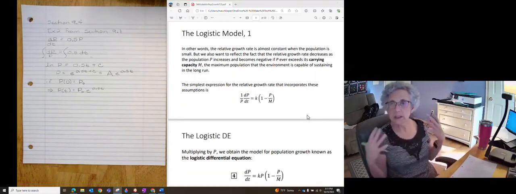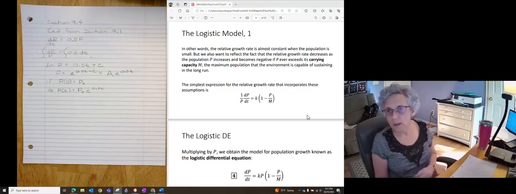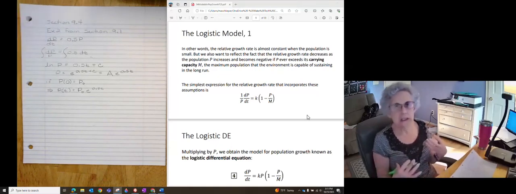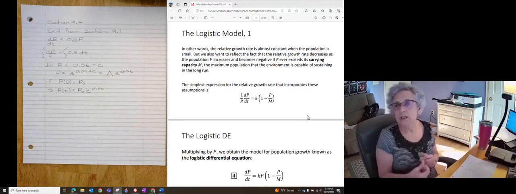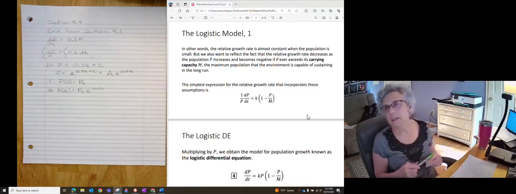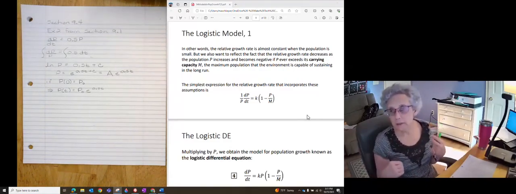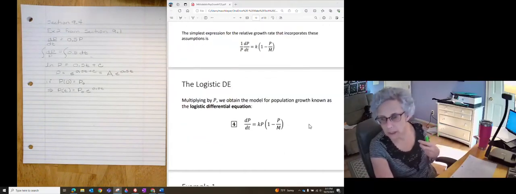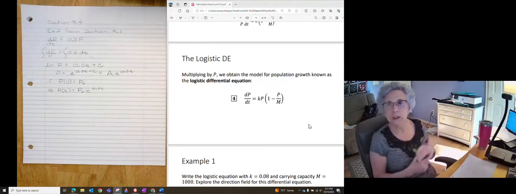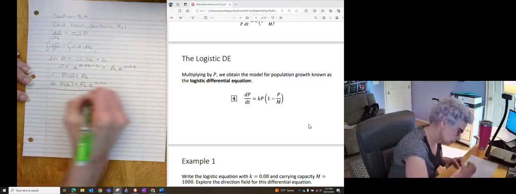The simplest expression for relative growth rate is that 1 over P dP/dt, so 1 over the population function times the derivative, is equal to some proportionality constant times 1 minus P over the carrying capacity. That's what makes it slow down as it gets closer to the carrying capacity, which leads us to the logistic differential equation.